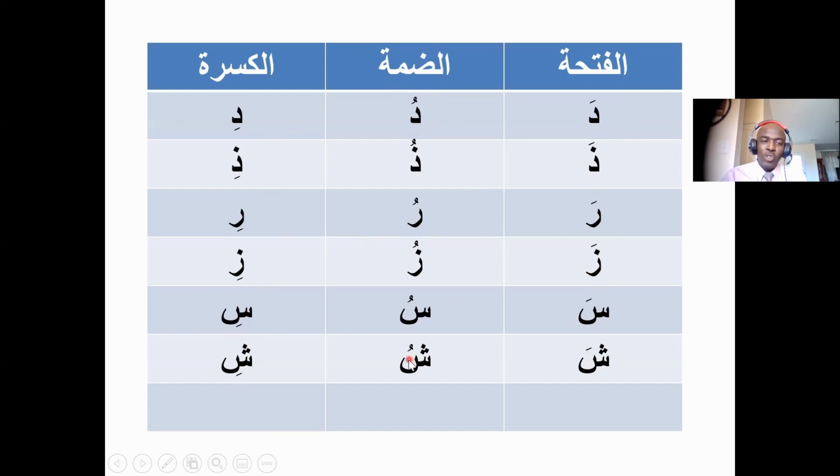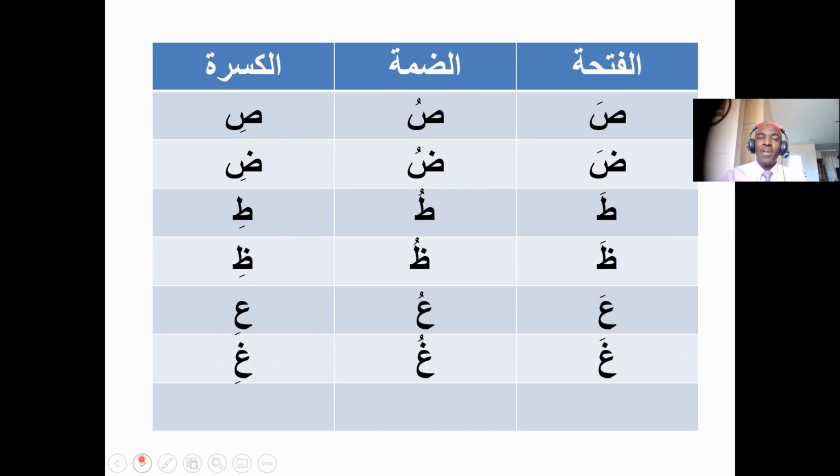So these are the sounds that, when we write sentences or want to read words, we stick to. The first thing is whether the letter has a fatha, this one, or the dhamma, or the kasra.